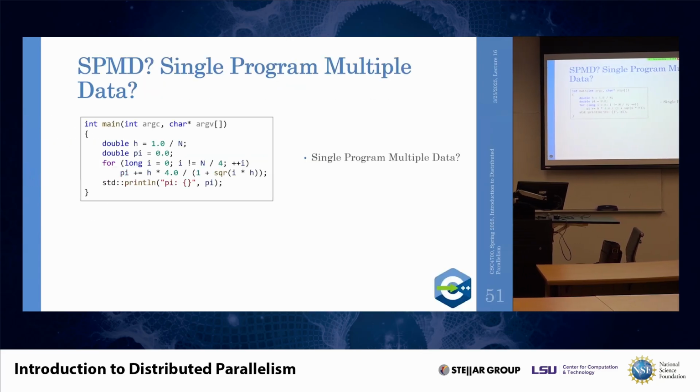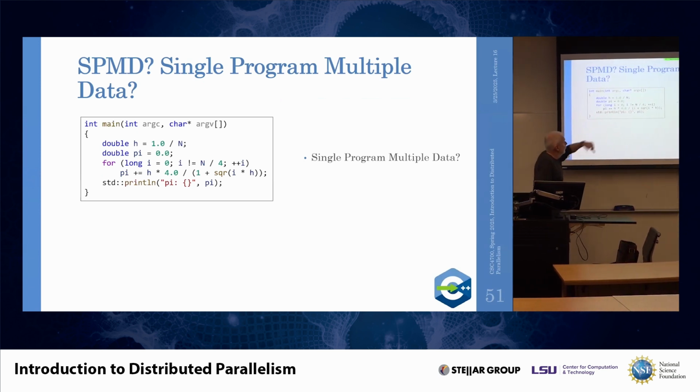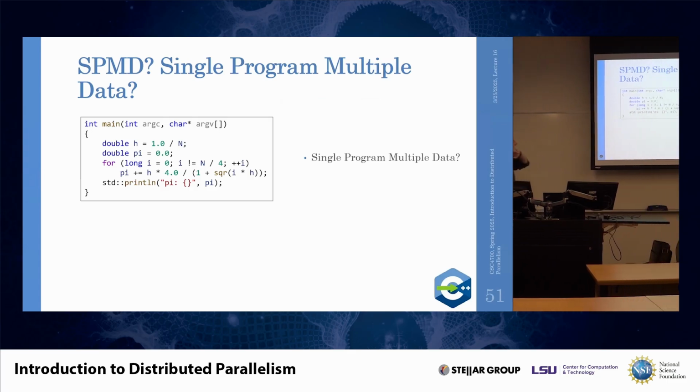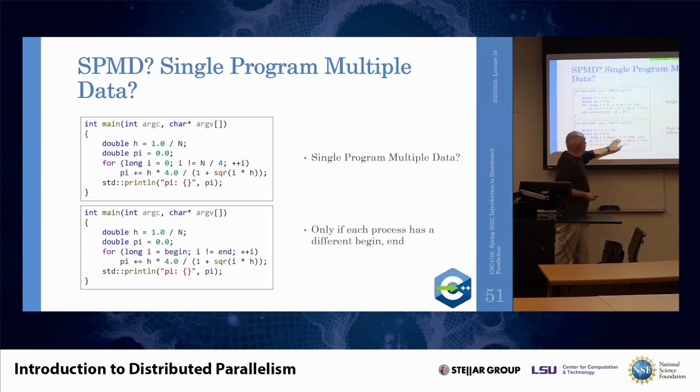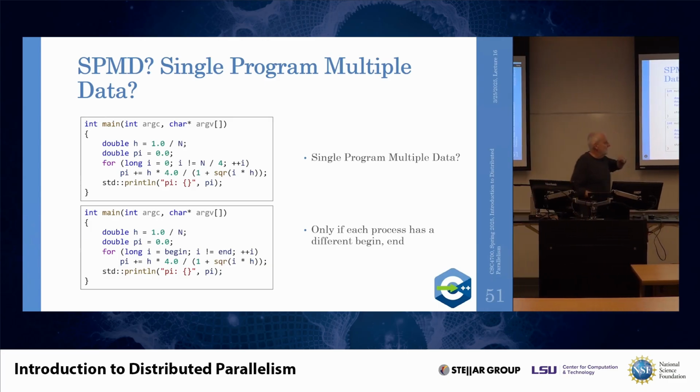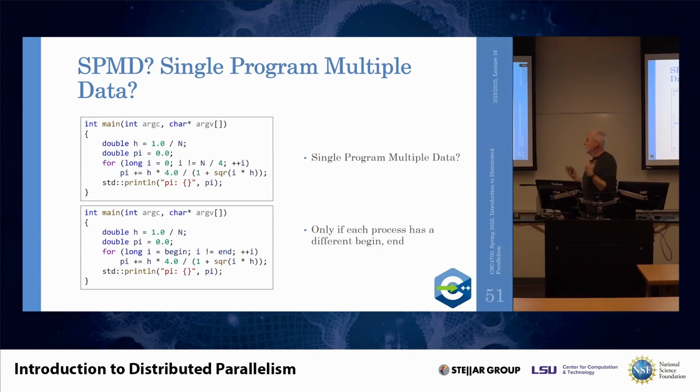Okay, so that's where we started. We have a single program, but what about multiple data? If we want to have multiple data, we have to modify our code slightly and have a different begin and end in our actual program, and then somehow initialize begin and end appropriately depending on what process I'm running on.